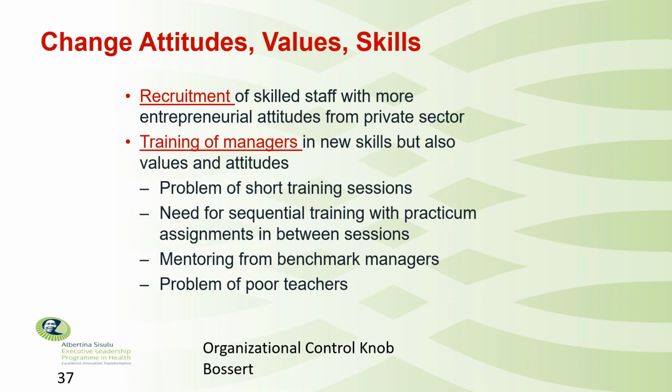Now, if you're looking to change attitudes, values, and skills, you need to make sure that you're choosing and recruiting the right type of staff. You want staff with the right skills, right? And the right attitudes and so on. So your recruitment and selection processes have to be much more robust and more technical, rather than, at this moment, very much based on an understanding at a local level of what needs to happen.